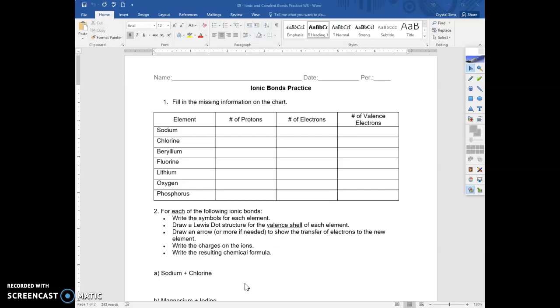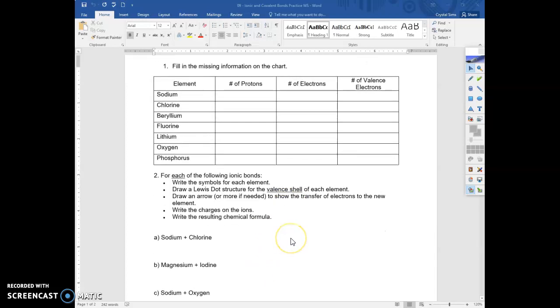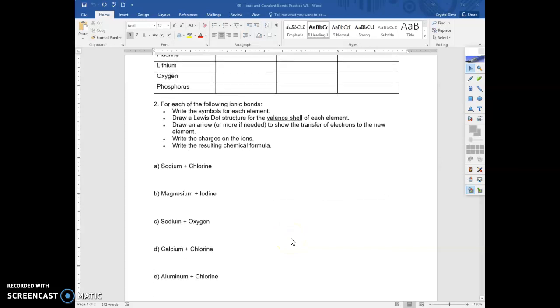Now when we look at the second part of this assignment, it wants us to write the symbols, draw a Lewis dot structure, draw an arrow or more to show the transfer of electrons, write the charges, and then write the formula. So remember, with ionic bonds, we are transferring electrons.